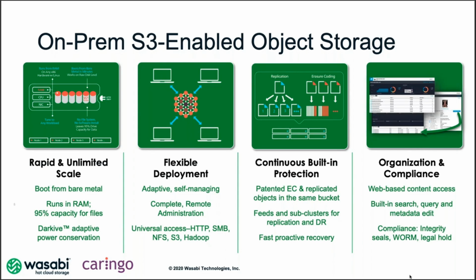Efficiency is key anytime you're running at scale. For example, our disks in the system, we let you use up to 95% of the raw capacity on your drives for our storage.